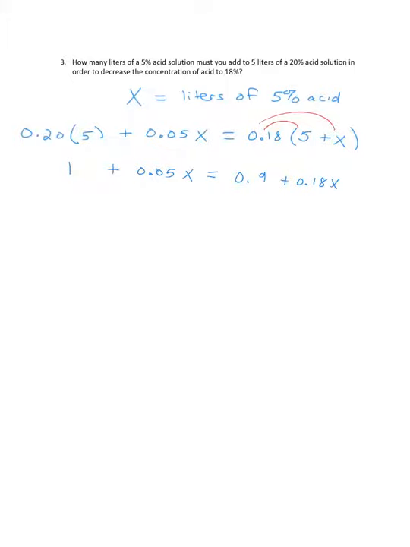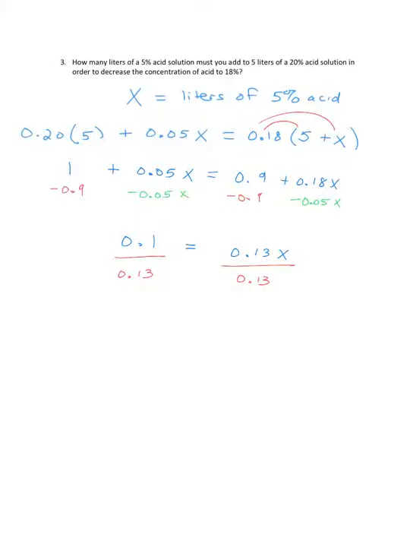I think what I'm going to do is subtract the 0.9 from both sides, as well as subtract the 0.05x from both sides. Okay, and when I do this, I get 0.1 is equal to, okay, then I have 0.13x. I'm going to divide both sides by 0.13. And I get my final answer of 1/13.